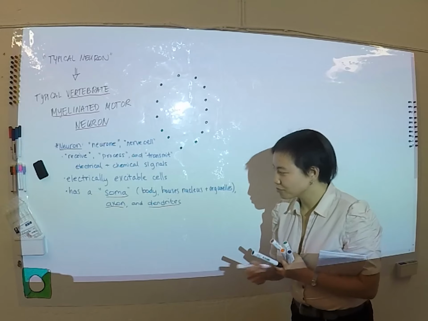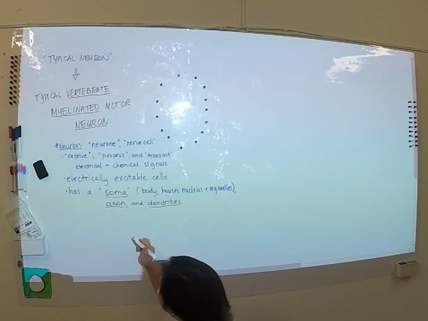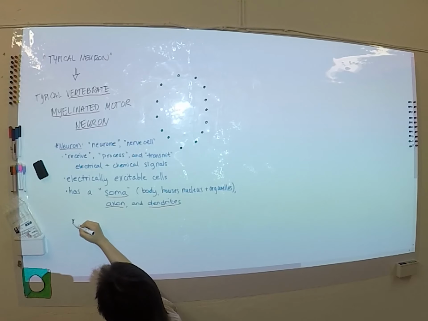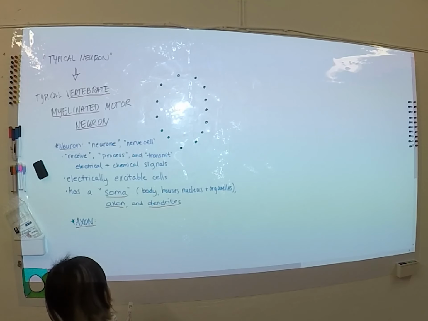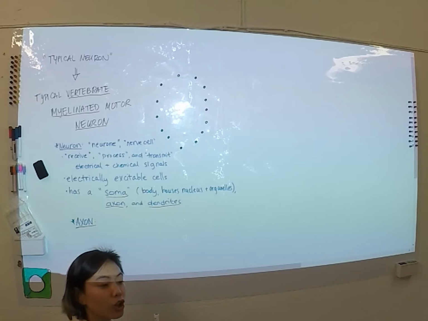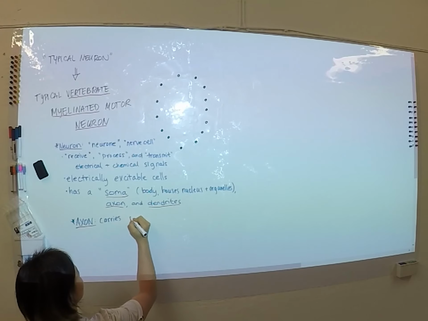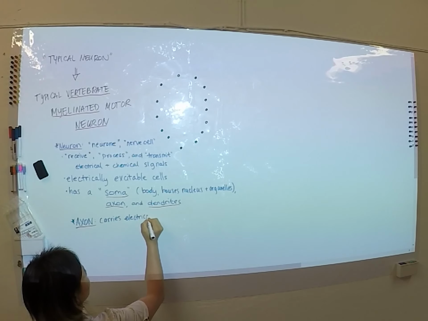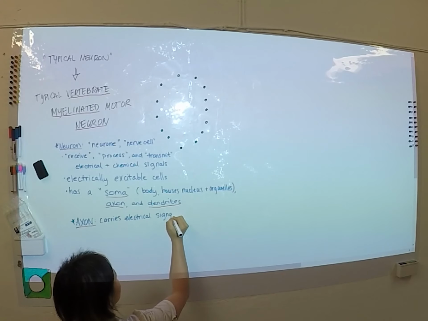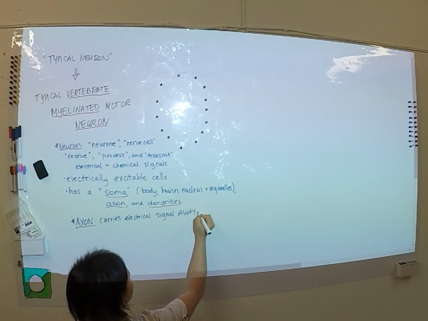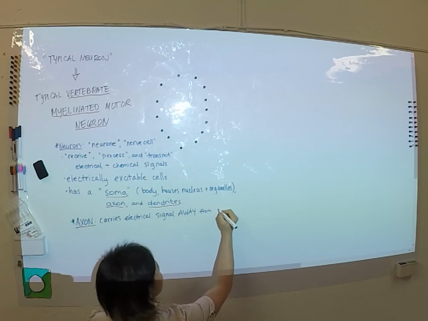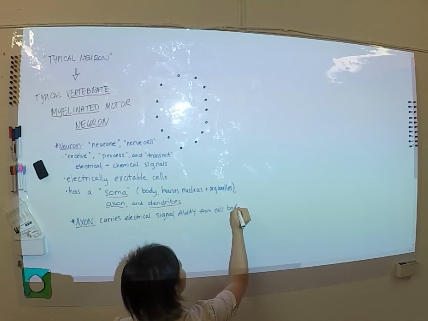Okay? So, next, axon. What is an axon? Okay, so the axon is the part of the cell that carries electrical signal away from the soma, okay? Carries electrical signal away from the cell body.